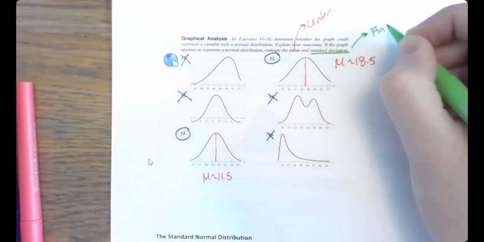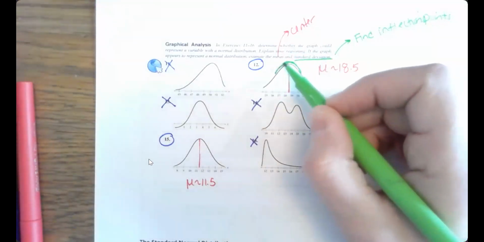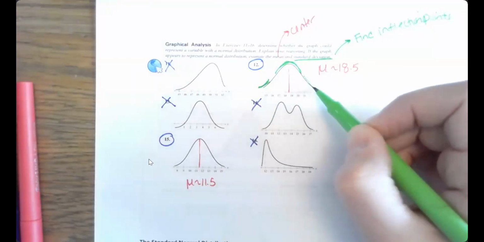Now, how do we estimate the standard deviation? We can estimate the standard deviation by using the inflection points. So what we can do here is find the inflection points as a start. I'm trying to figure out, where does it switch from more of a concave down shape to more of a concave up shape?